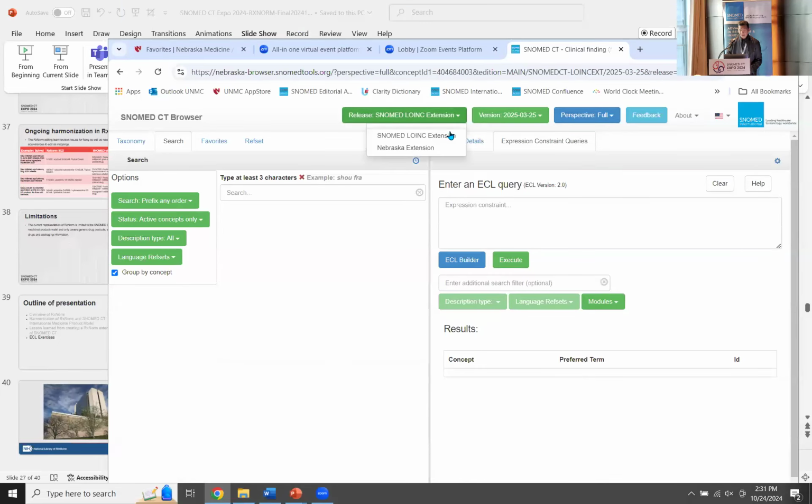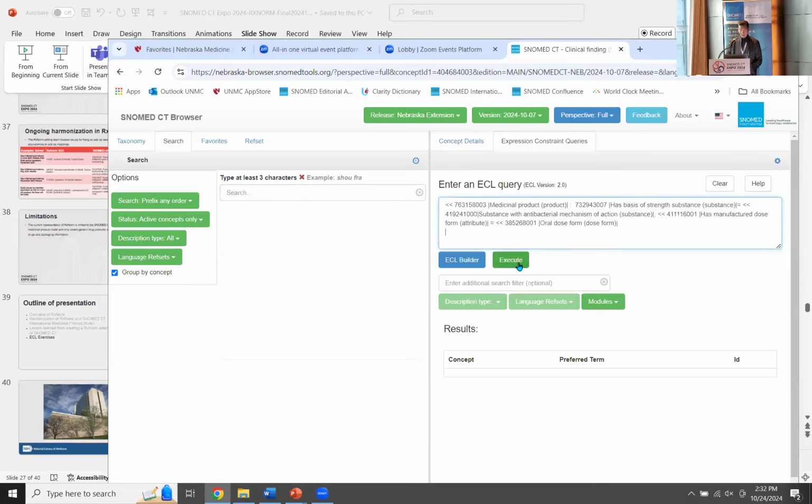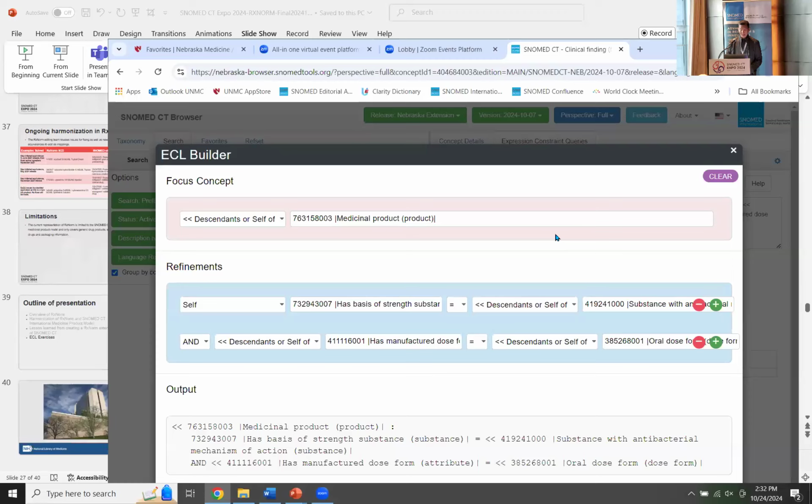Okay, so on this browser, there are two data sets. We have to use the Nebraska extension for this exercise. Okay, and let's paste the query in here. Now, wait a minute, before you execute it, hit the ECL builder, the blue box. Here's the ECL builder construction of it.